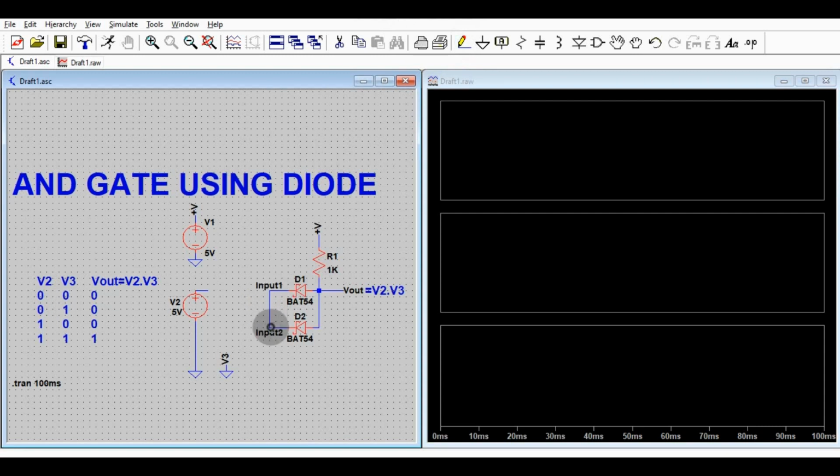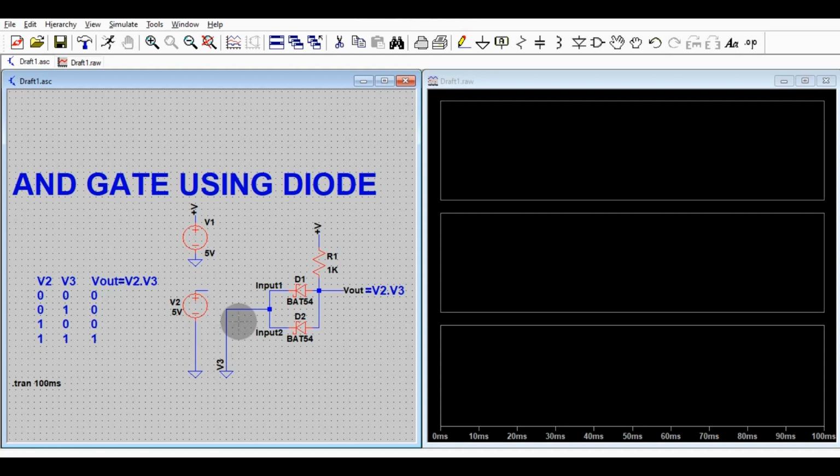Both inputs you can short here, and connect to the ground. Now let us see what is the output if V2 and V3 are 0, connected to the ground. In digital electronics, if you say 0, the logic level is about the ground level, and if you say high, the logic level of output is at VCC.